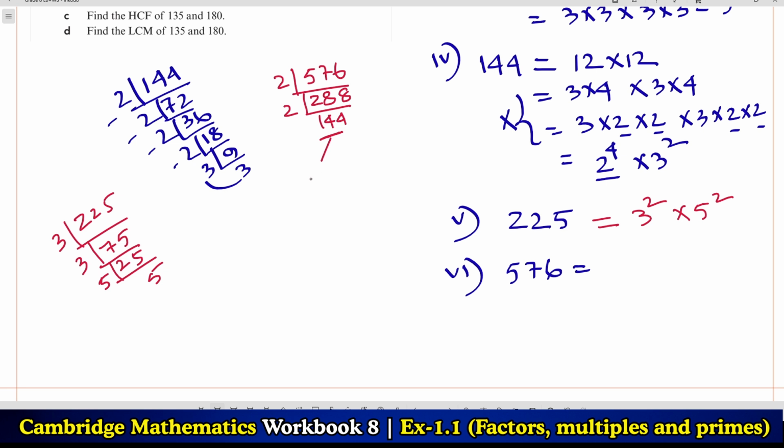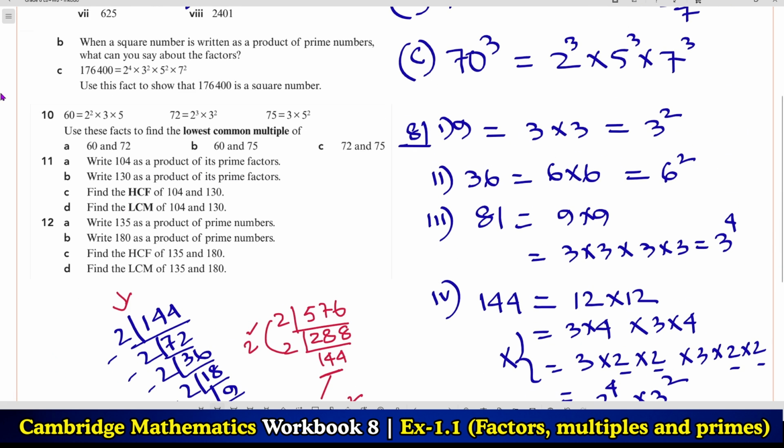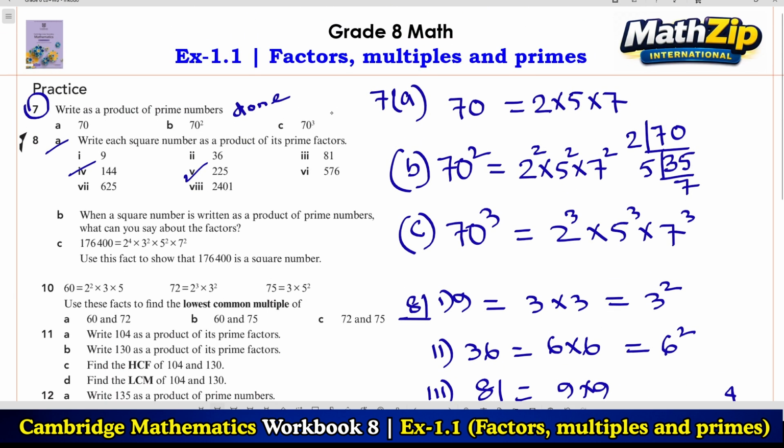So this is 2 to the power 4 times 3 squared, and here is a 2 squared, so times 2 squared. So finally we get 2 to the power 6 times 3 squared. No need to complete the full one because 144 we have already completed. Very simple. So number 6 done.